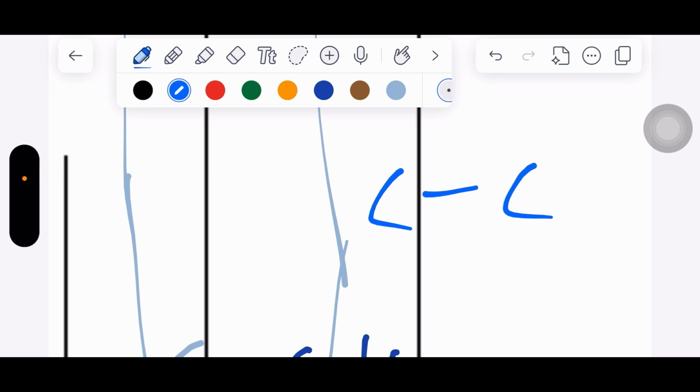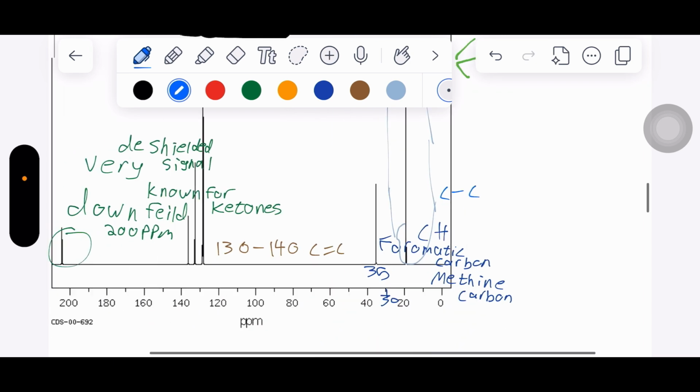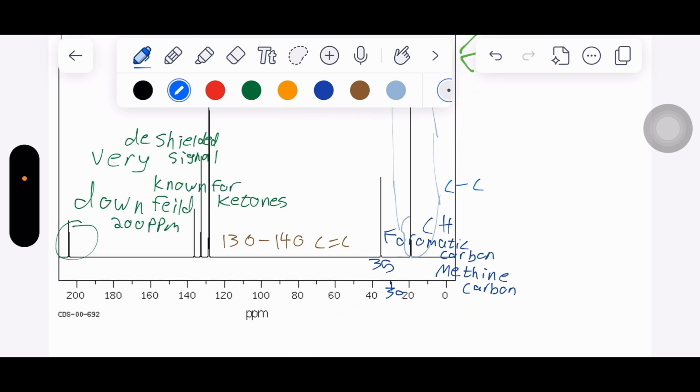But in summary, the 13C NMR typically shows the carbonyl peak around 200 parts per million. 130 through around 140, I want to say, was the aromatic carbon, and 30 to 40, which I came up with 35 because the aromatic carbon and the methine carbon is pointed toward 35, in between 40 and 30.